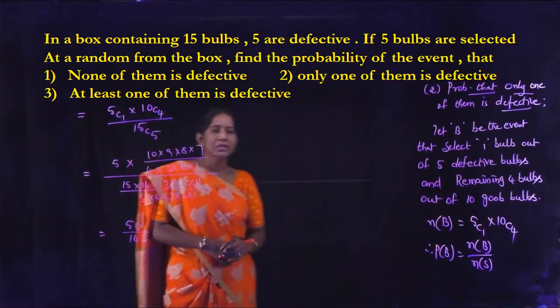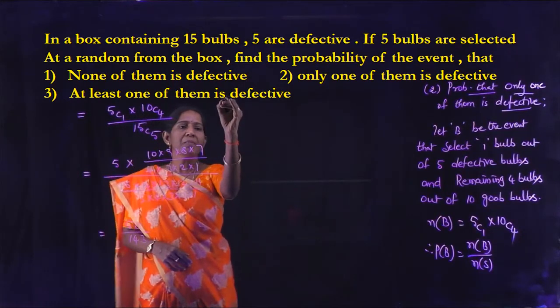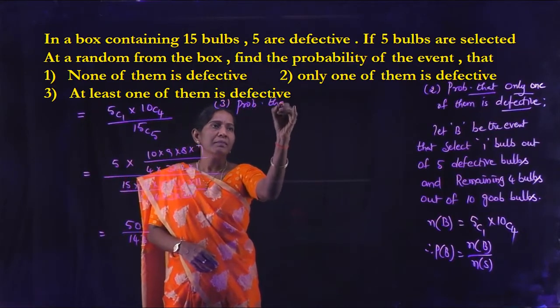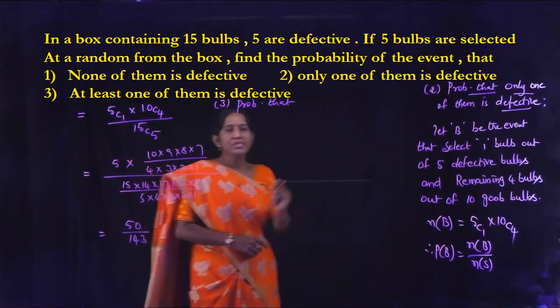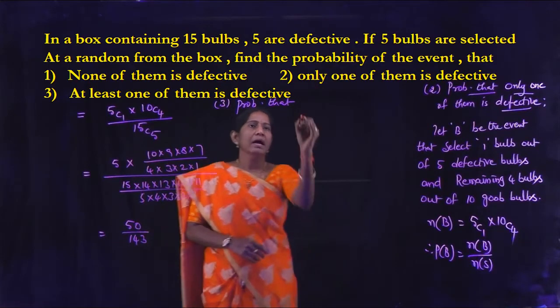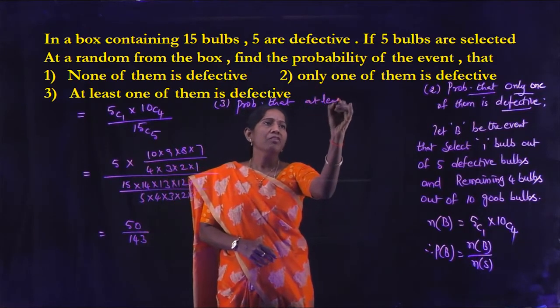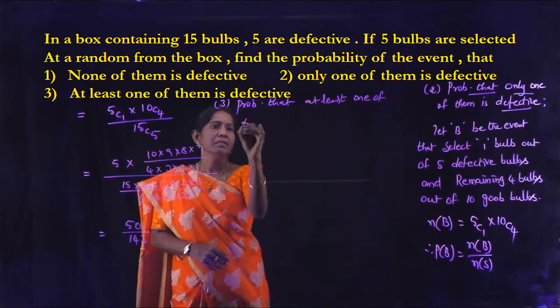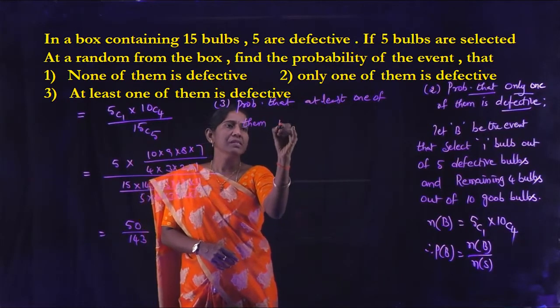Coming to the third one, the probability that at least one of them is defective.